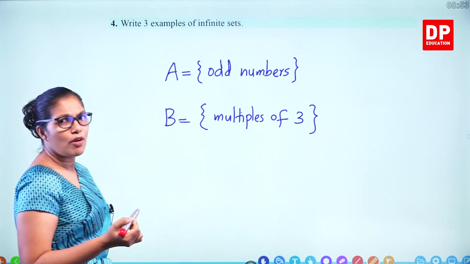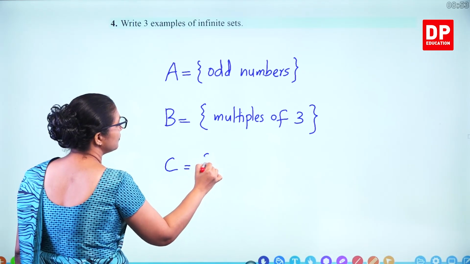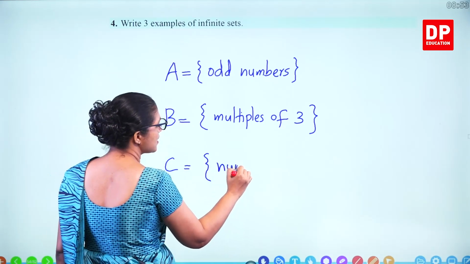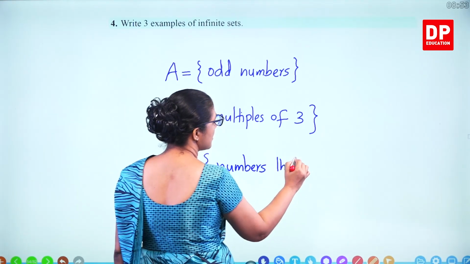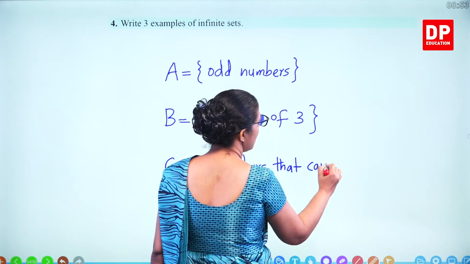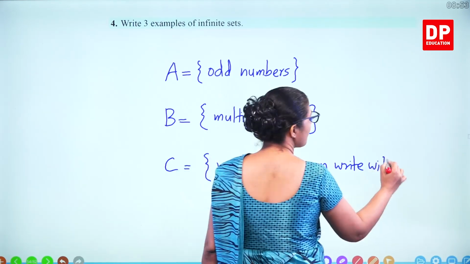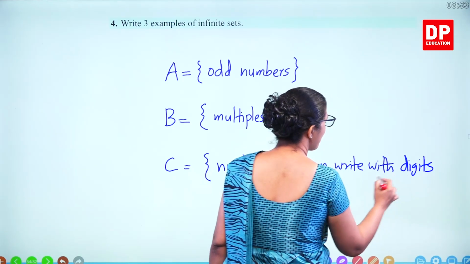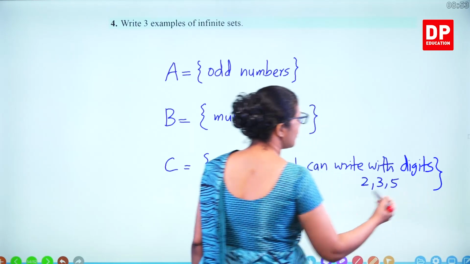You can't write all the multiples. What else? Numbers that can be written with the digits 2, 3, 5. So that's a lot.